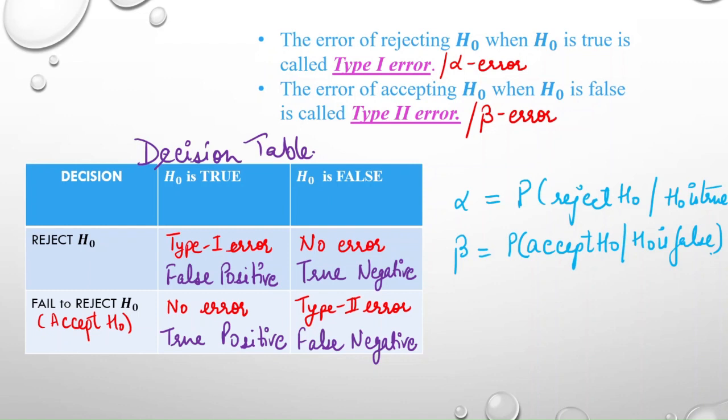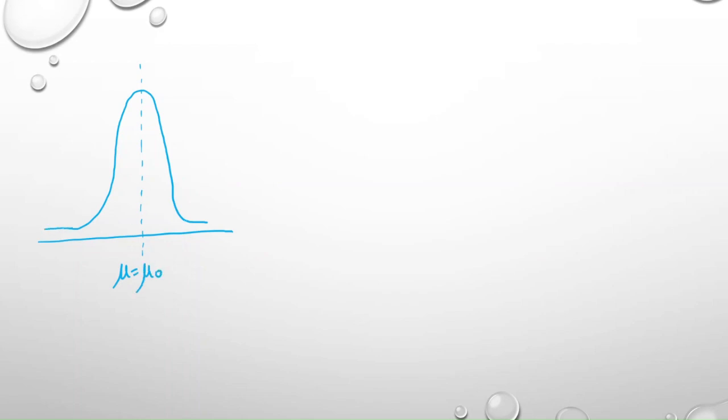Now we'll be defining certain more terms that are required for the hypothesis testing, which are the acceptance region, rejection region, and the critical values. So let me draw the diagram. Here this is our null hypothesis, mu is equal to mu naught, and we have these regions.